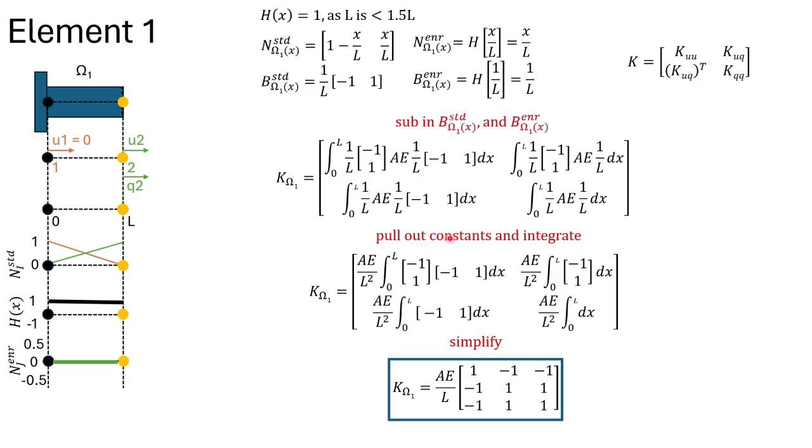So pulling out those constants in the integrals and then integrating, we get a simplified equation for K of element 1 as AE over L, and then this matrix defined here.